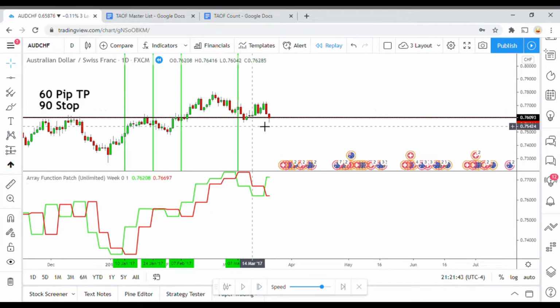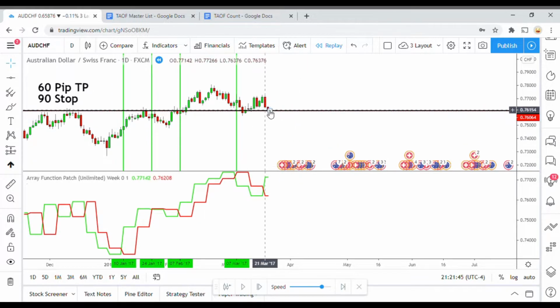So watch it out a little bit. There we go. So it tried to pull its way back up some. It is now rejecting that area. Looks like it's starting to break down below this line here. If it does, there's a good chance that it's going to make another push to the downside.